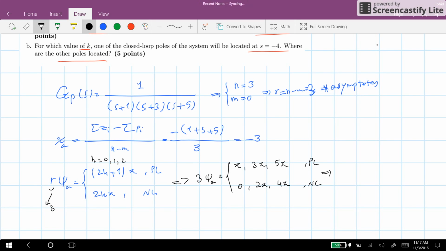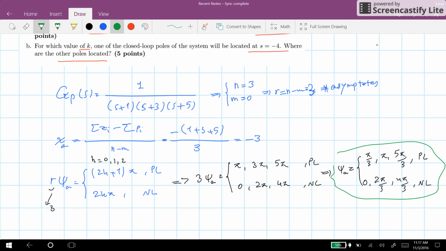If we divide everything by 3, we will have θa given as pi over 3, pi, and 5 pi over 3 for the positive locus, and 0, 2 pi over 3, and 4 pi over 3 for the negative locus.